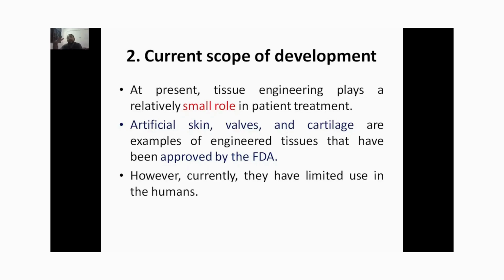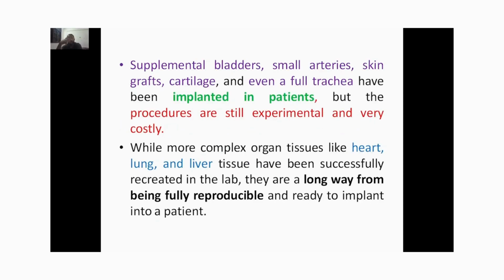However, currently they have very limited use in humans. Supplemental bladders, for example, then small arteries, skin grafts, which I just told you, cartilage, which I already mentioned, and even a full trachea have been implanted in patients.